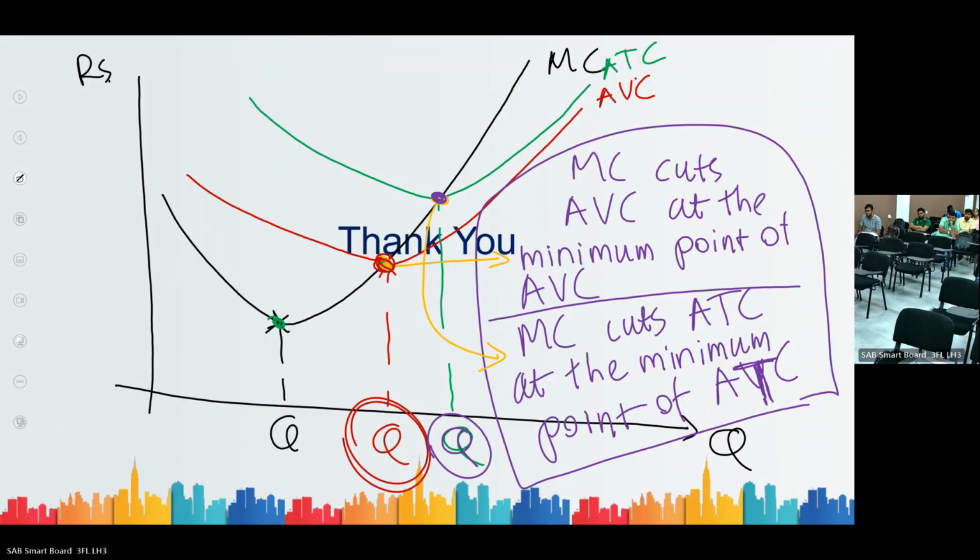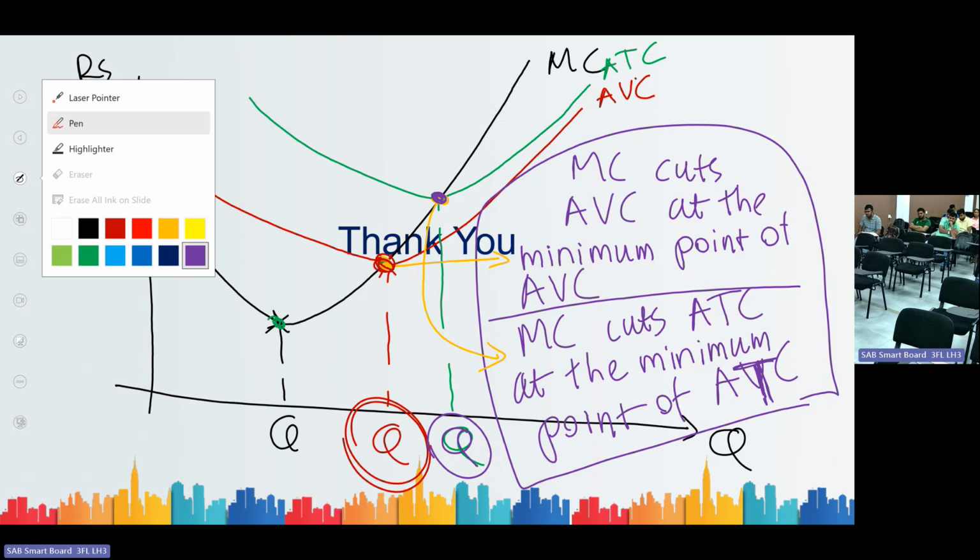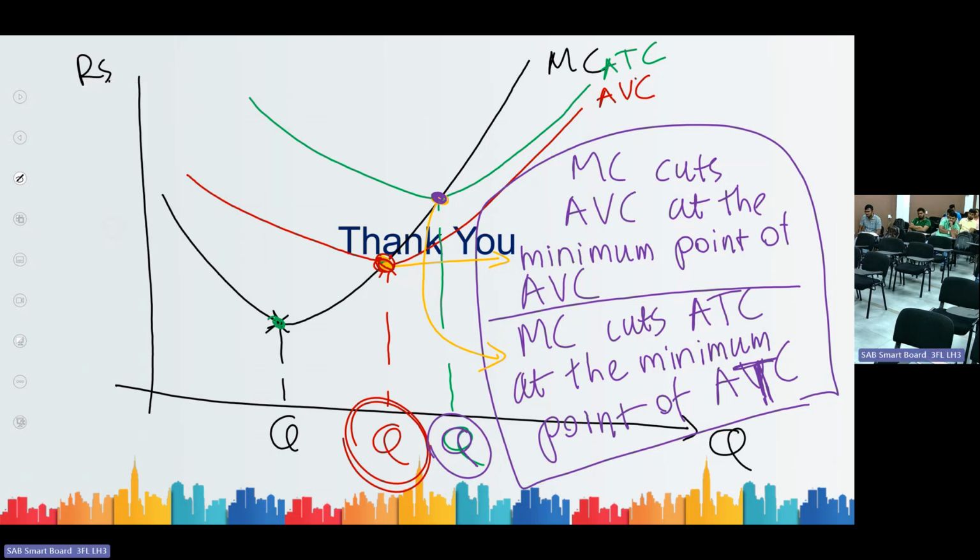Yes. MC cuts ABC at the minimum point of ABC. Implies what? At that point, MC equals ABC.